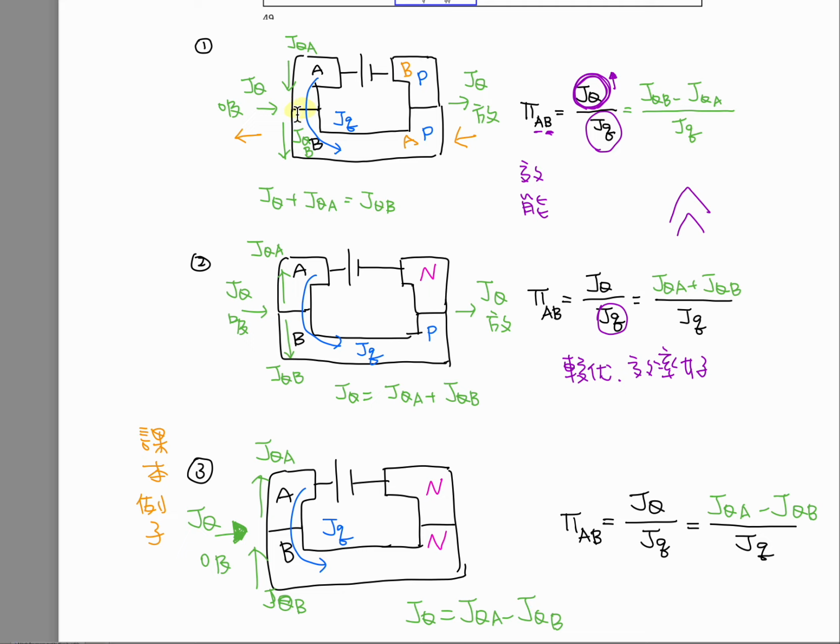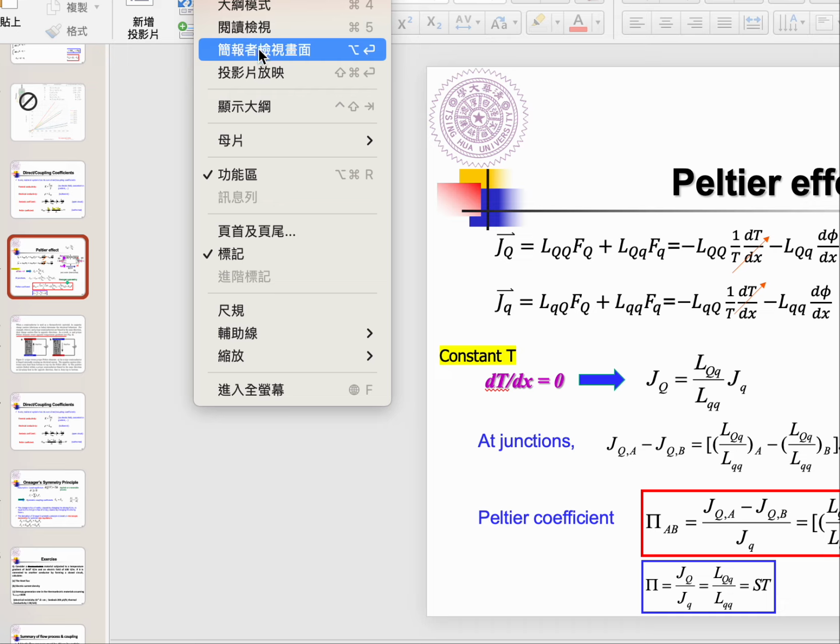If you focus on these junctions, you will get JQA plus JQ equals JQB. So when you ask about the JQ, it will be JQB minus JQA. So this efficiency is definitely smaller than the NP efficiency. This is just for your reference. Okay, so let's go back to this slide.